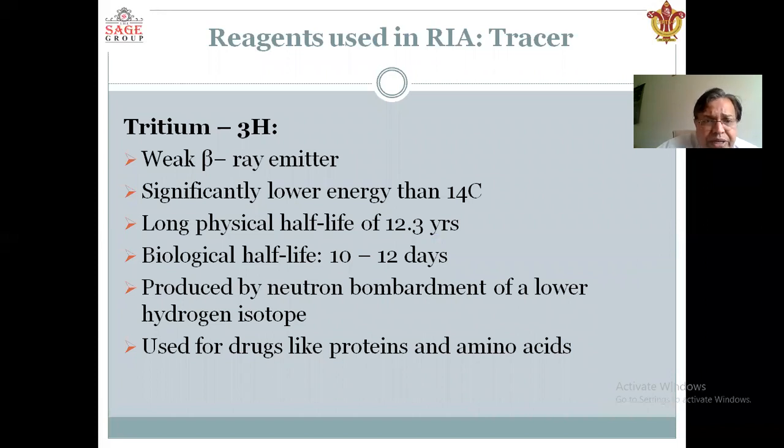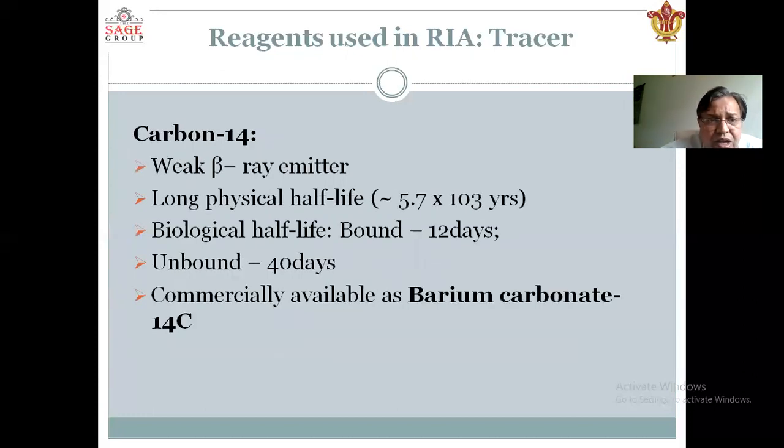Tritium, a weak beta ray emitter, significantly lower energy than carbon 14, long physical half-life 12.3 years, biological half-life is 10 to 12 days, produced by neutron bombardment of a lower hydrogen isotope, used for drugs like protein and amino acid.